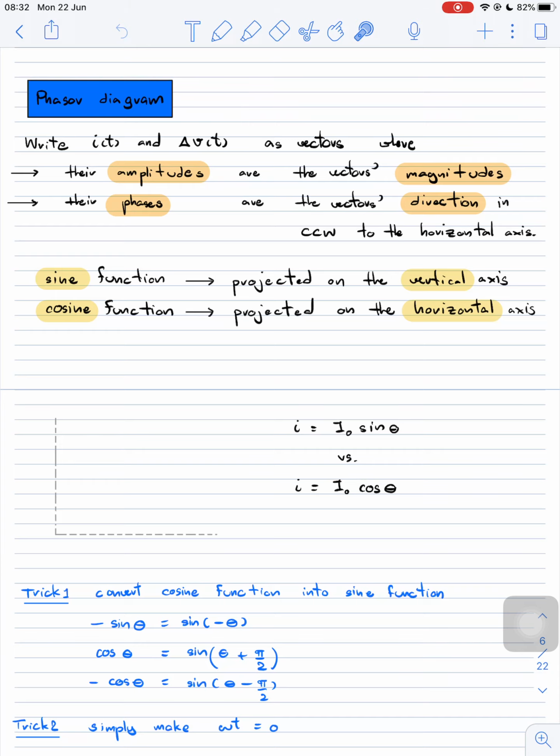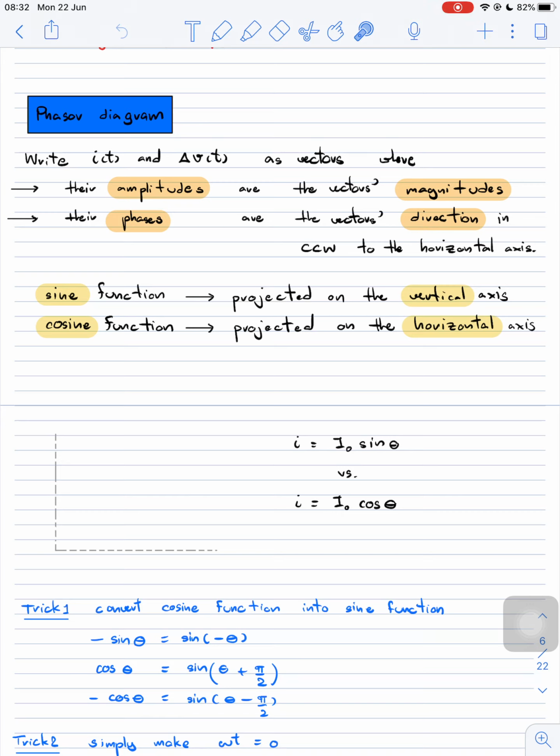So in this case, we write down the amplitude of the current or the amplitude of the delta V as the magnitude of the vectors. And we write down the phase of the current and the phase of the delta V as the direction of the vector, counterclockwise to the horizontal axis here, okay?